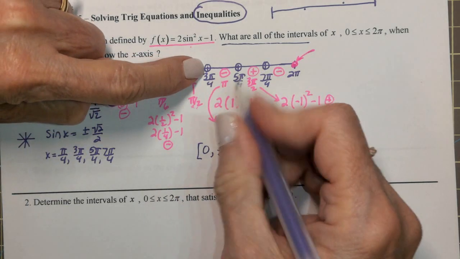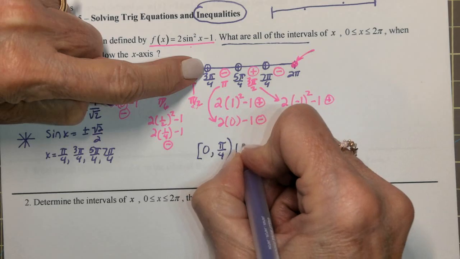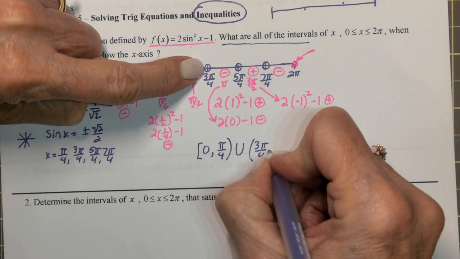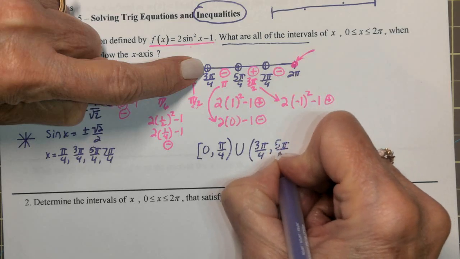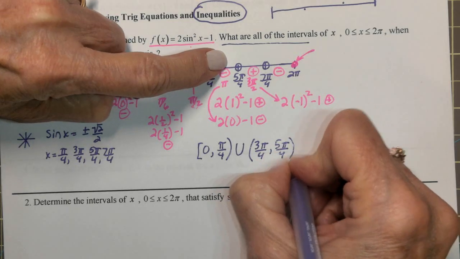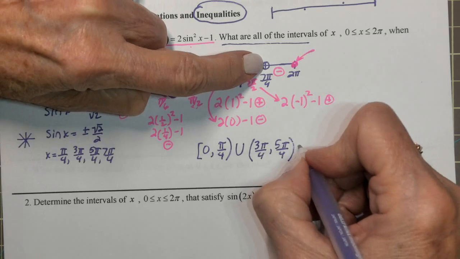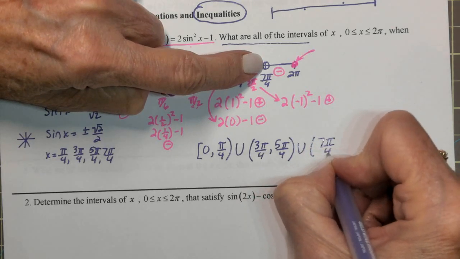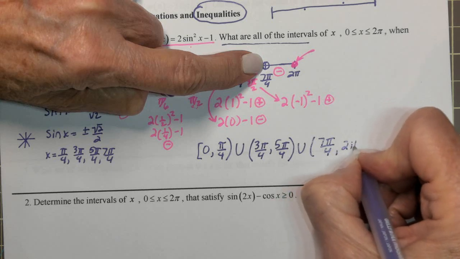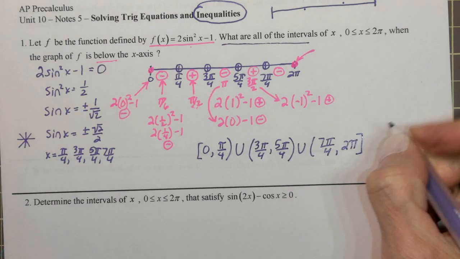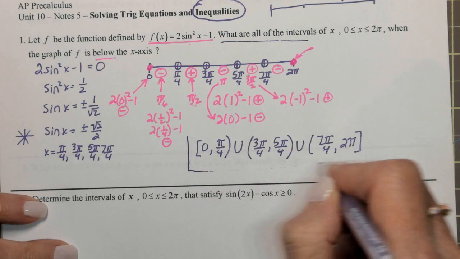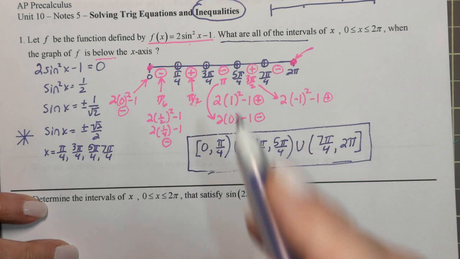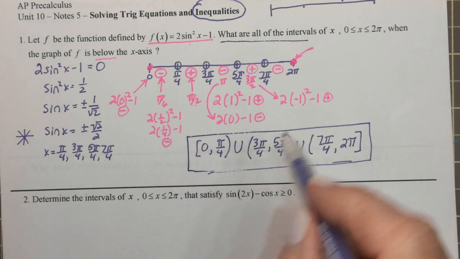And then again, union with 3 pi over 4, not including that, to 5 pi over 4, not including that, and then again union with 7 pi over 4, not including 7 pi over 4, to 2 pi, including 2 pi. So these are the intervals between 0 and 2 pi where the graph of f is below the x-axis.